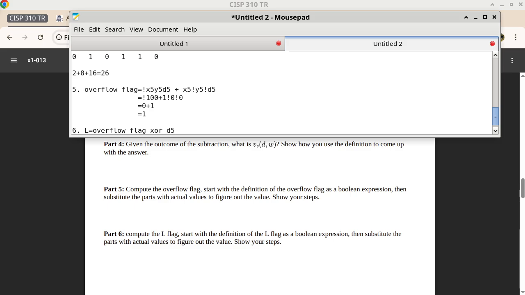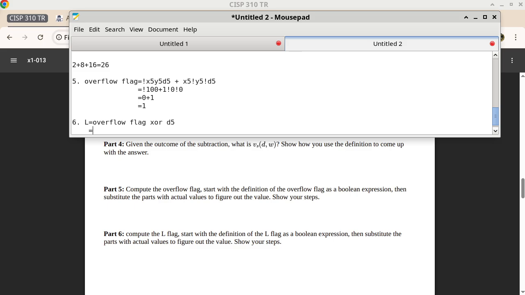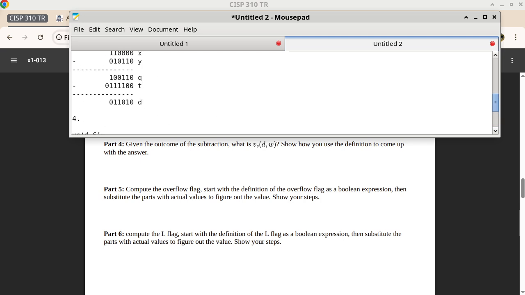So once again, the template of the L flag can also be found in question number 1. In case people forget what the L flag is, you can look up question number 1. So now we just substitute all the things here. This is 1 exclusive OR with D5, and I cannot remember what D5 was anymore, so I have to look it up.